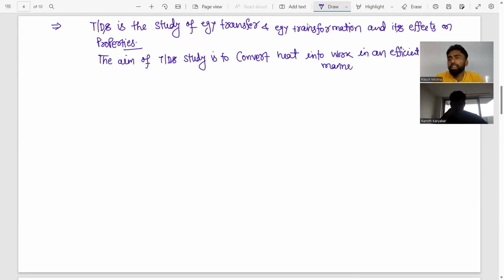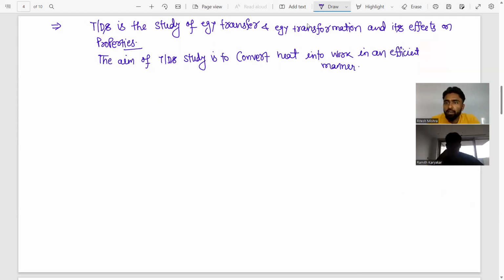Here the most important word is efficient. We have to convert heat into work efficiently.